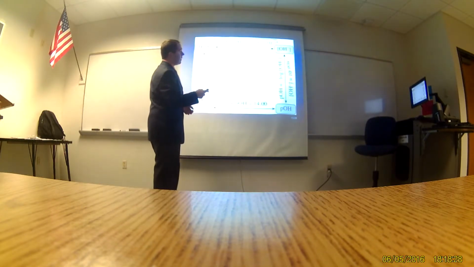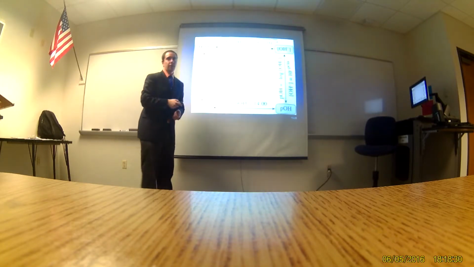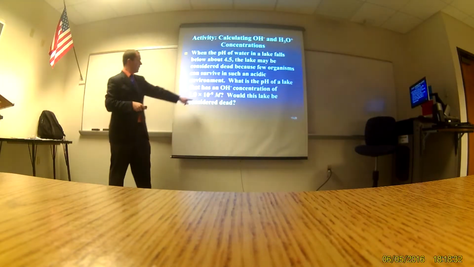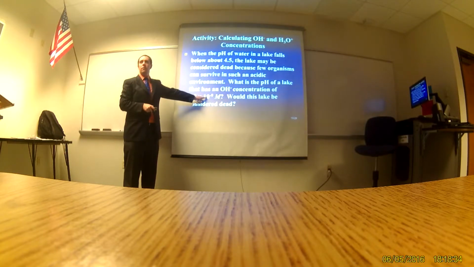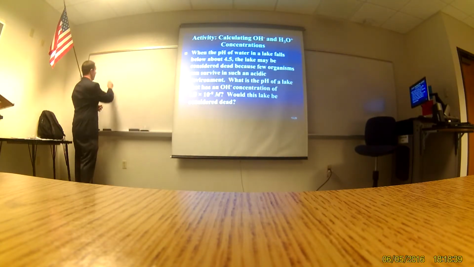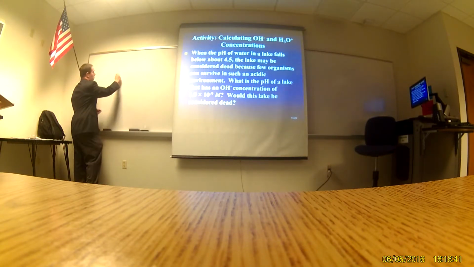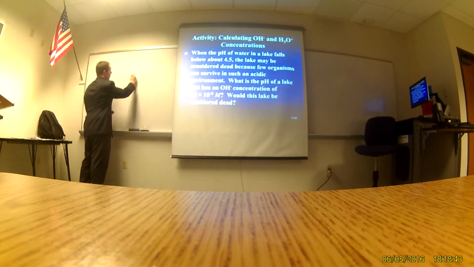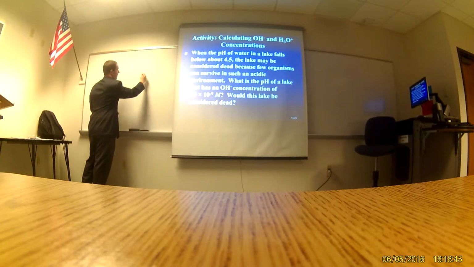So to go from here to here, we just take the negative log. If we take the negative log of that, what do we get? We get 9. So pOH equals negative log of 10 to the negative 9 equals 9.